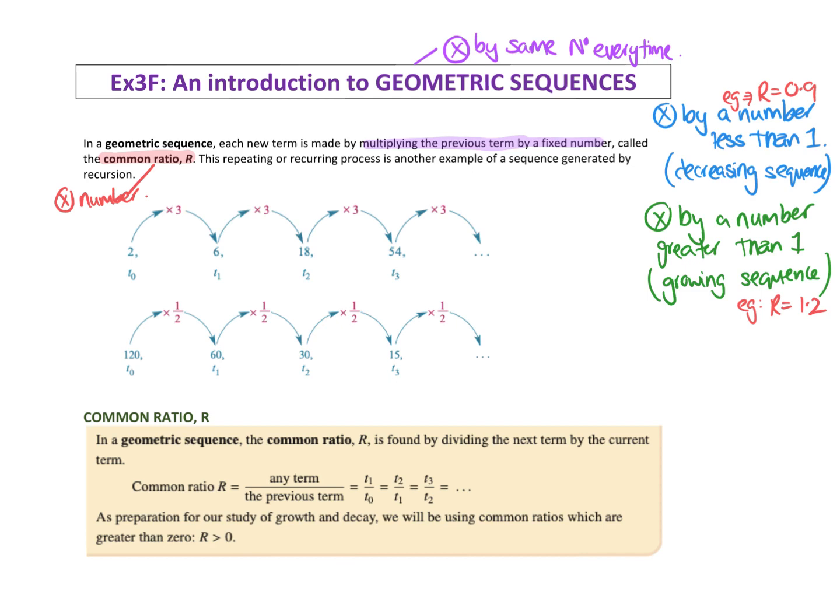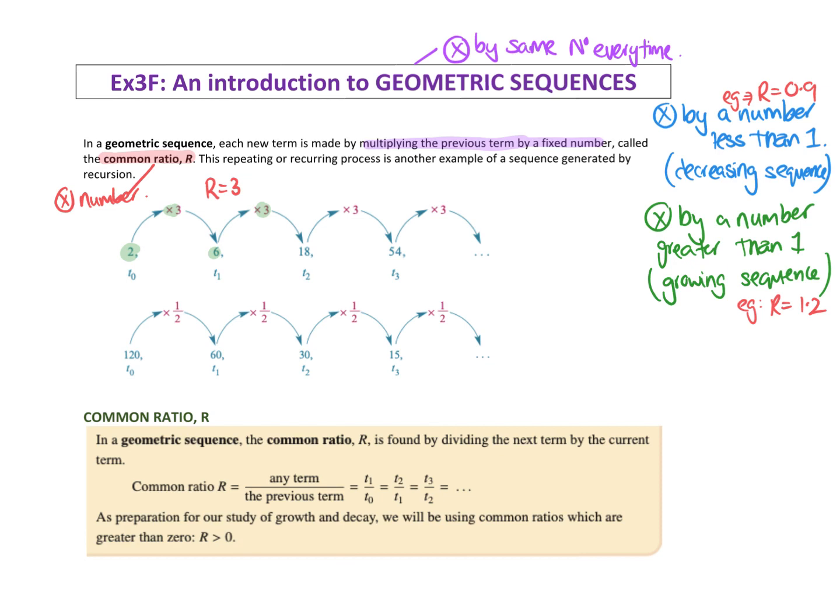All right. So we can have a look down here at a couple of sequences. We start with the number 2, and then if we multiply by 3, we get 6, and then we multiply 6 by 3 again. So in this first example, our common ratio, R, is 3.